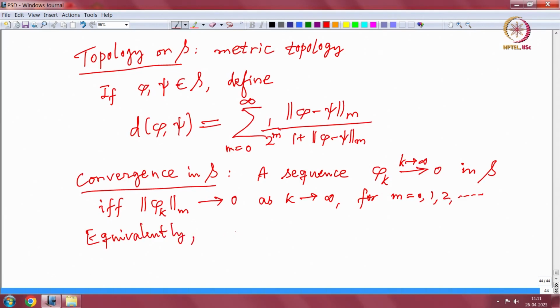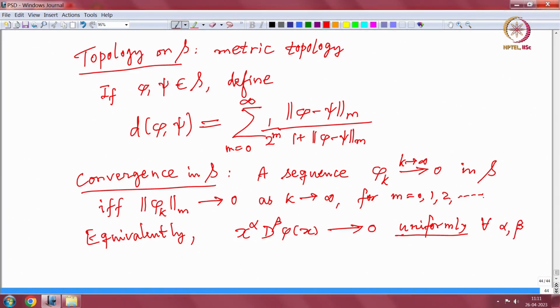Equivalently, you can just check that if you take this polynomial and D beta, it does not matter, of phi(x) converges to 0 uniformly, that is important, uniformly for all multi-indices alpha, beta. Okay.